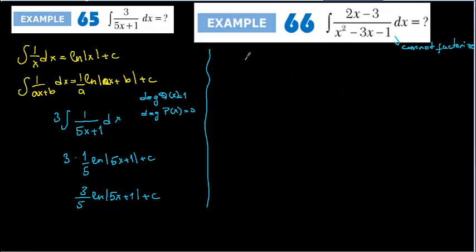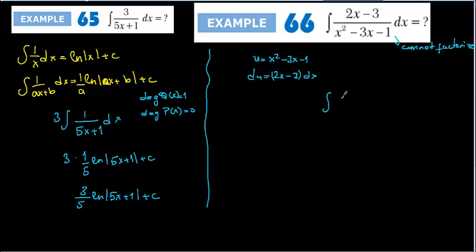Okay, then I'm going to use the substitution method as usual. Here u is equal to x squared minus 3x minus 1, du is equal to (2x minus 3) dx, we should write in parentheses. So if I replace x squared minus 3x minus 1 by u, then (2x minus 3) dx is equal to du.